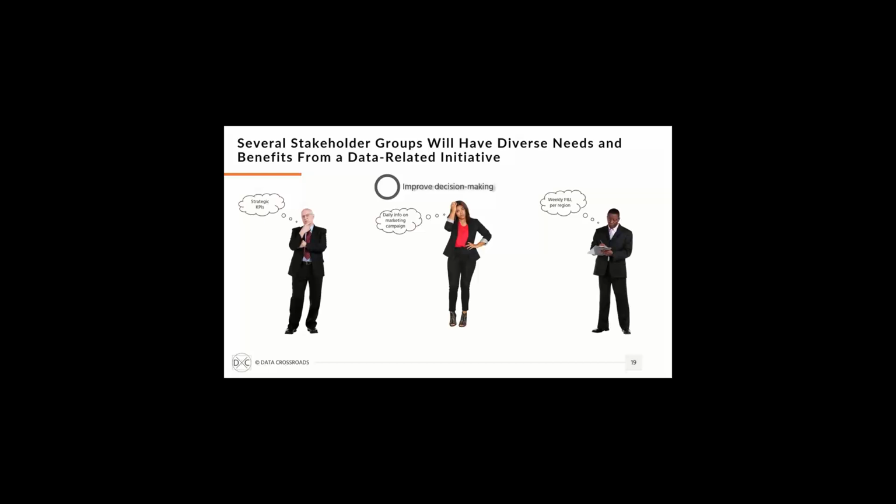The head of finance department will need a daily P&L for each region. And I hope you may ask, why is this important? I think that the answer is very obvious, because all of these people will need totally different data. They will have totally different requirements for delivering this data.